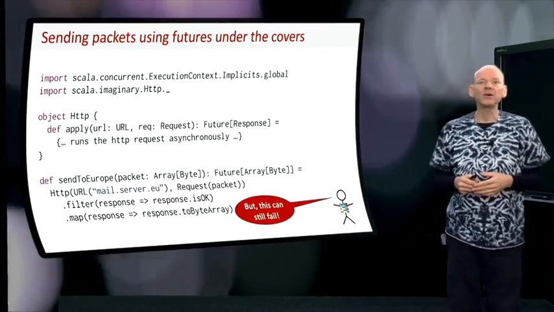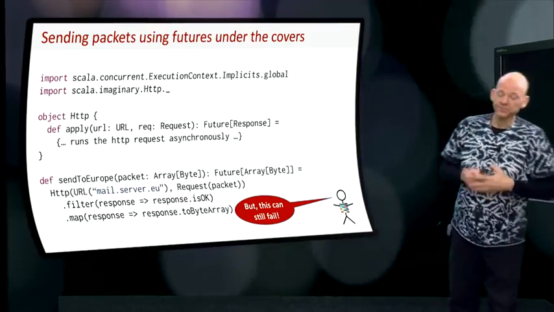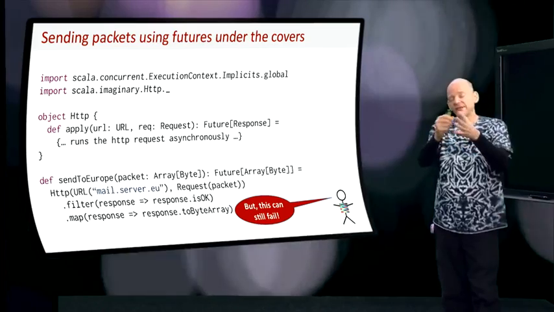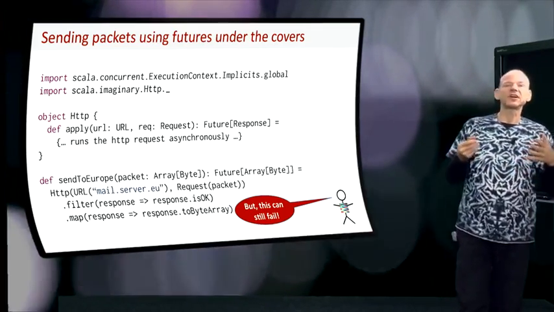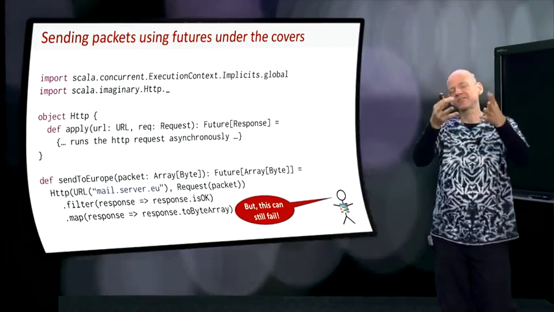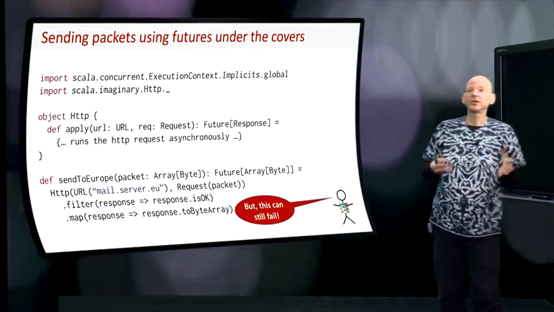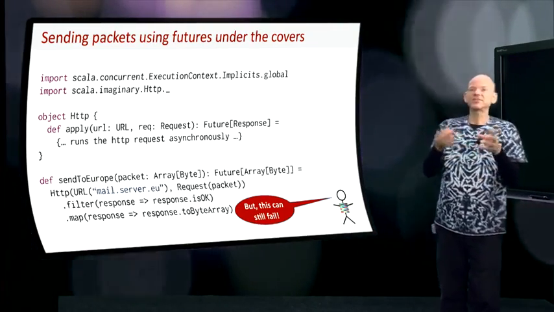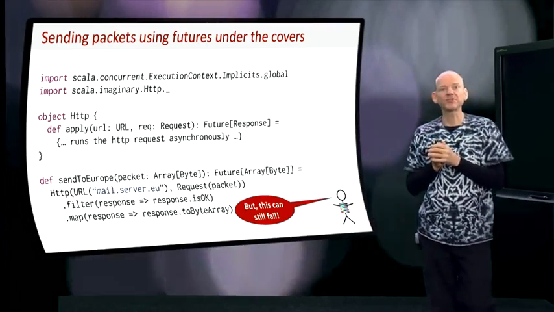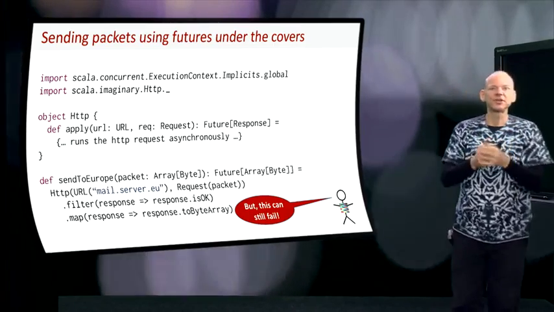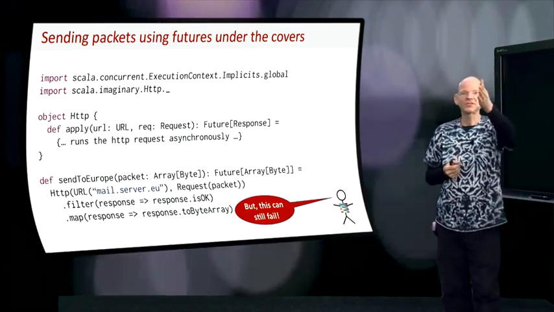All right, now let's dive in a little bit and look kind of how packets are sent under the covers. Again, this is all toy code. And the reason is that we need some concrete code to build some examples, but this is of course not production code. But let's look here.